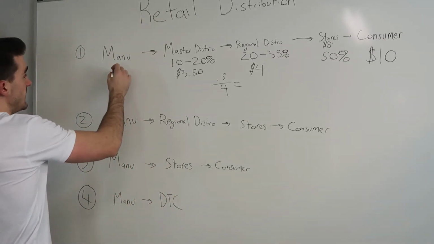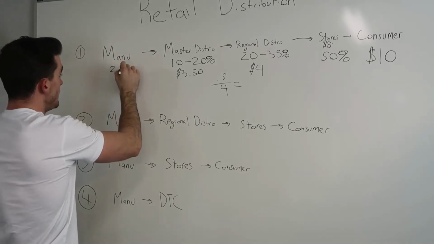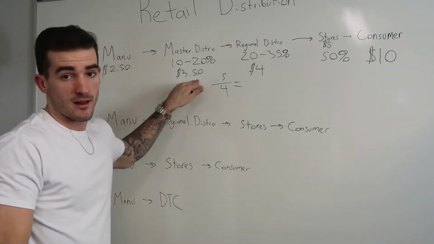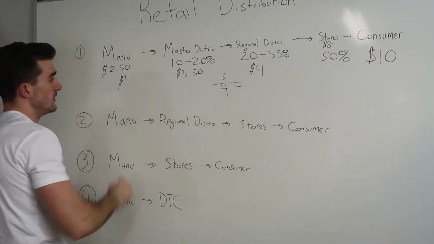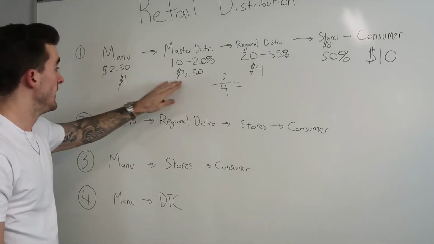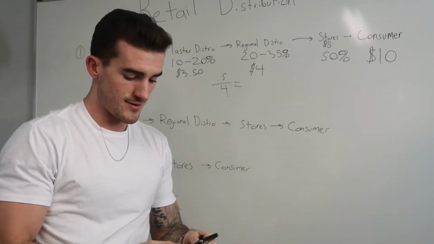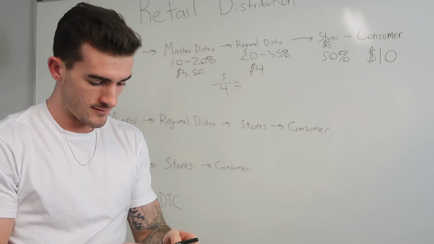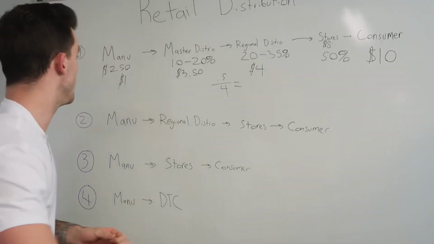So if their cost to produce a product is $2.50, and they sell it for $3.50, that means they made $1. So if we take $1 and divide it by 350, let's see what we get. One divided by 350 comes out to 28%.